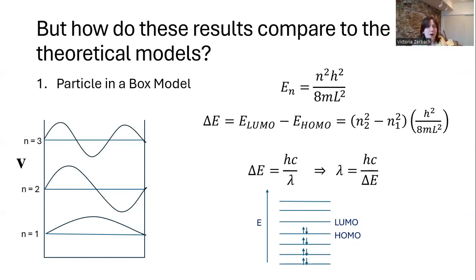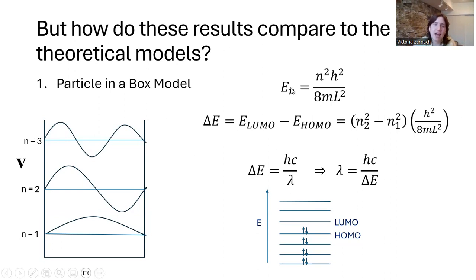It's a particle in the box model, where essentially an electron is trapped in an infinitely tall potential well, and the energy is described by this equation here, where n is the energy level number, h is Planck's constant, m is the mass of an electron, and L is the length of the box. In this case, that's the length of the conjugated section of the molecule.